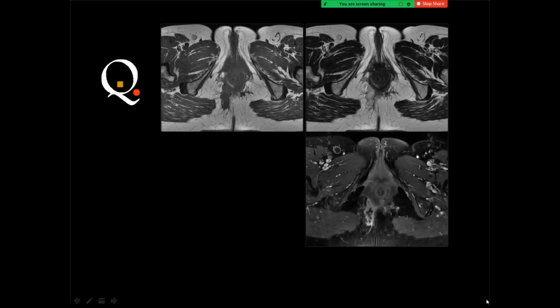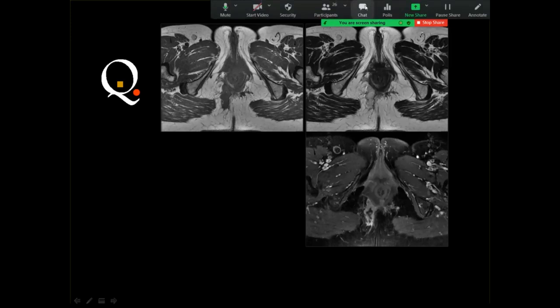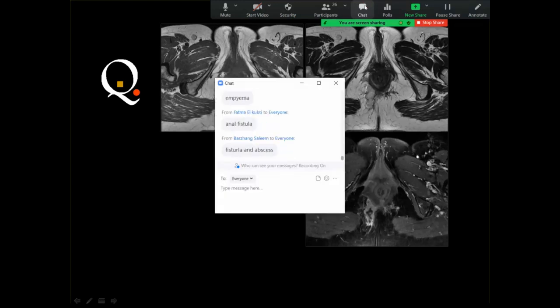And this is the case of the pelvic floor showing the anal canal and the T1, T2, and the contrast enhanced fat sat image. Yes, and this is an anal fistula and abscess.